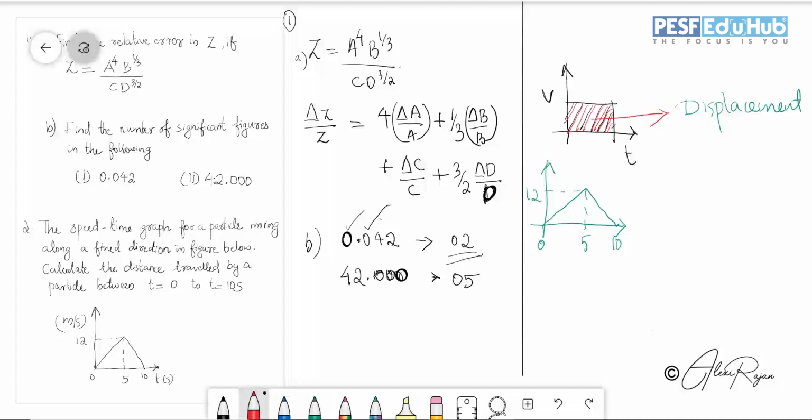You want to find out the distance covered by the body in this particular velocity time or speed time graph, and the time is between 0 to 10. That means from 0 to 10, the total area covered by the graph will be this much. Yes or no? Yes.